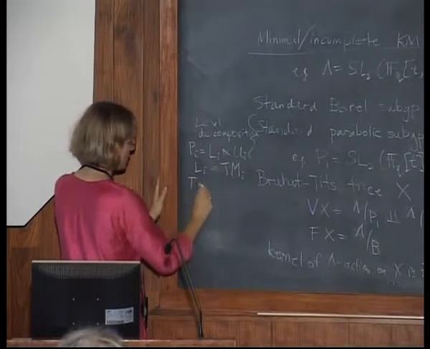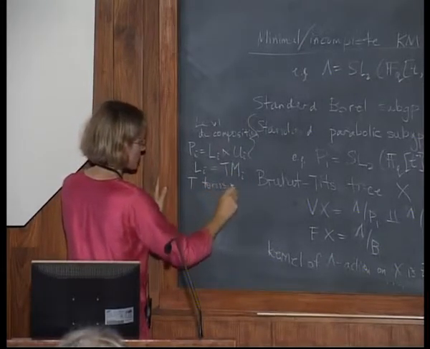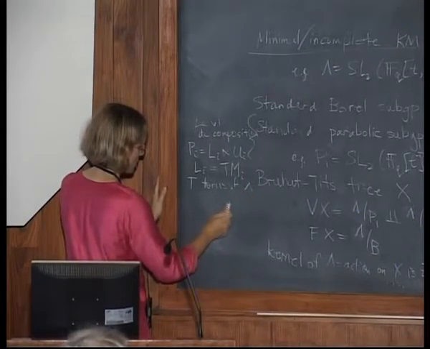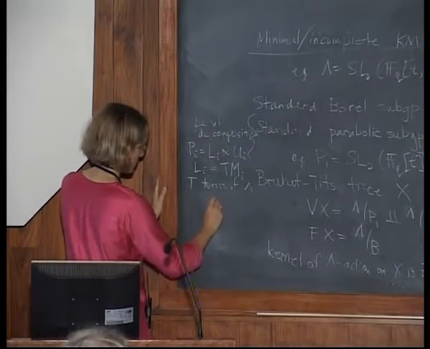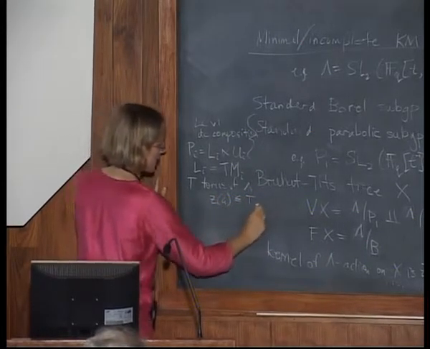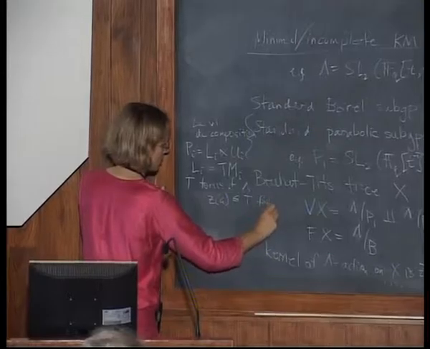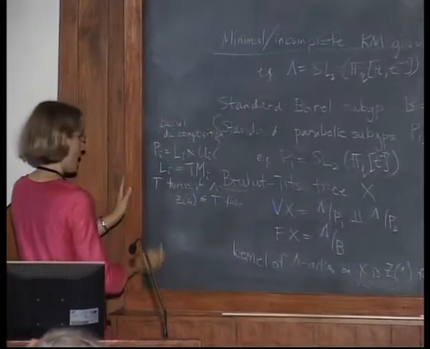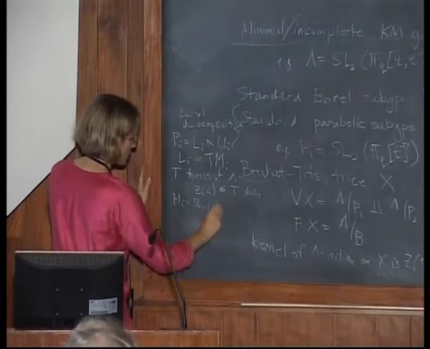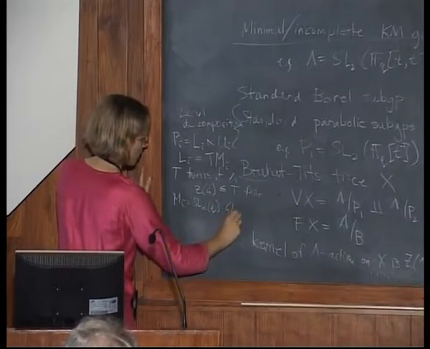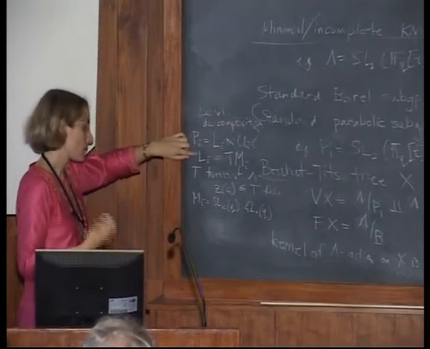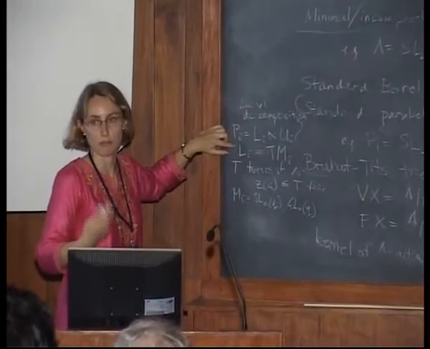T is what's called the torus of lambda, and let me just say that it contains the center and it's a finite group again. And then Mi is either SL2(Q) or GL2(Q).